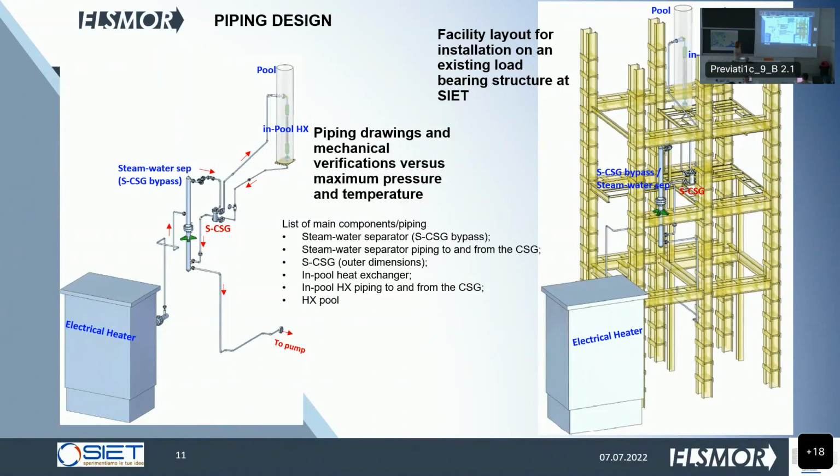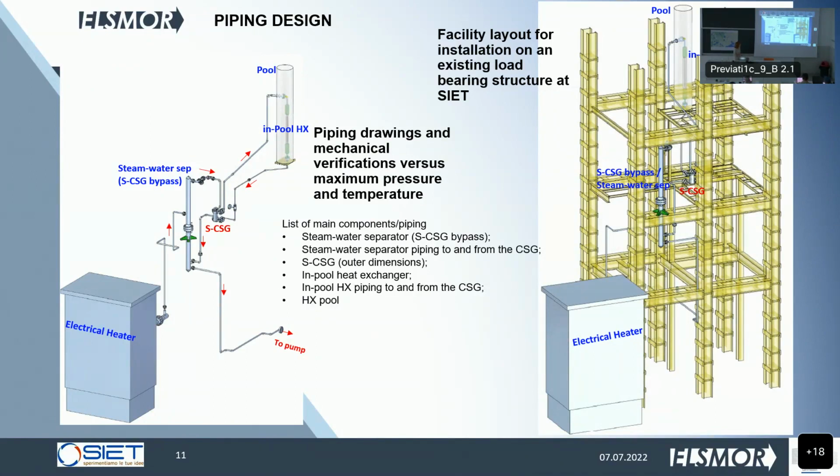So here we can see our plate-type heat exchanger connected to the primary side, this part, and to the secondary loop in natural circulation, this side, with the pool. This pool is located at the top of the structure. And we have the heat exchanger here, and let's say the primary side tank here.